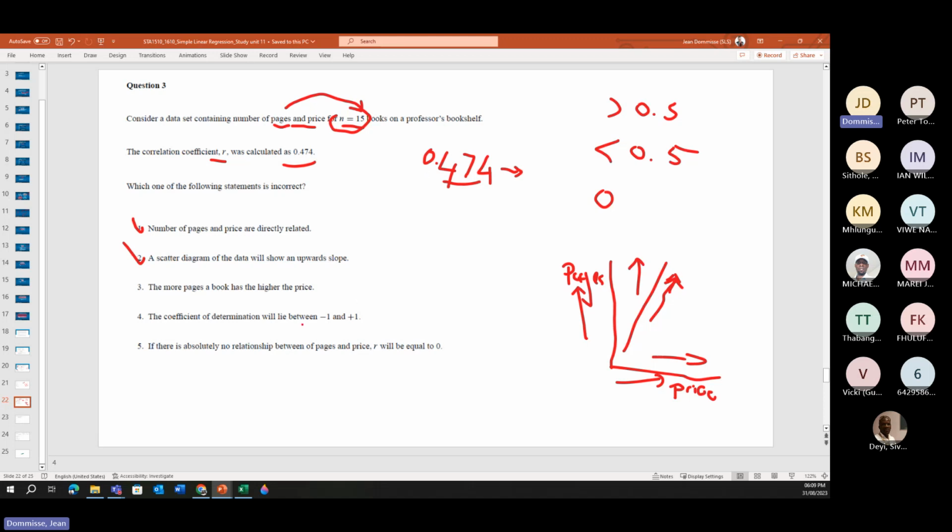Because it's a positive slope, that is the assumption that we can make. The coefficient of determination will lie between -1 and 1. And we're now referring to R square. Does that lie between -1 and 1?